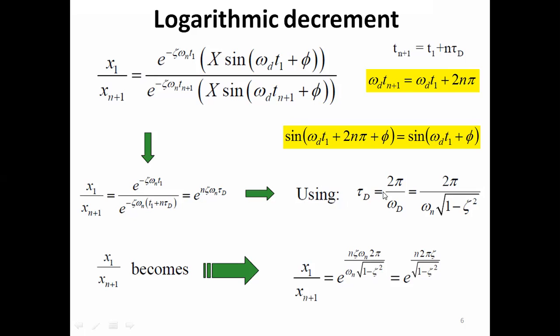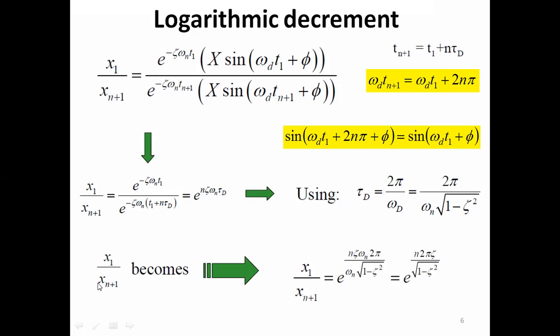And if you look here, tau d is 2 pi by omega d, and omega d is omega n under the root 1 minus zeta square. So we would have 2 pi by omega n under the root 1 minus zeta square.